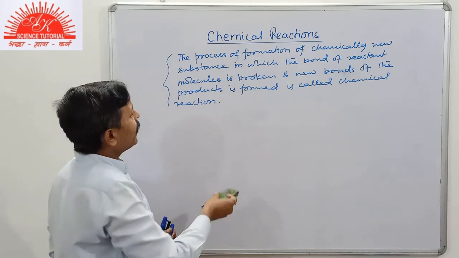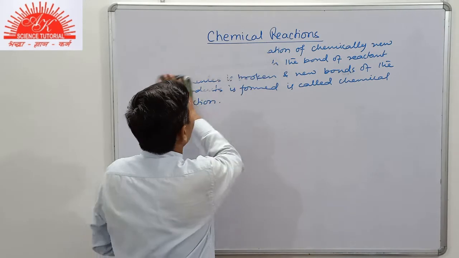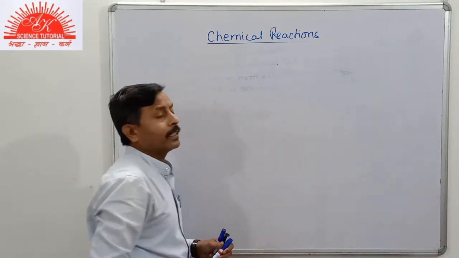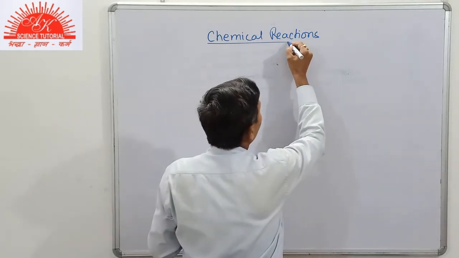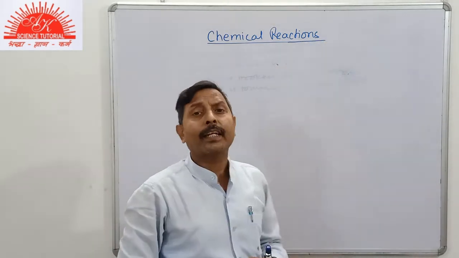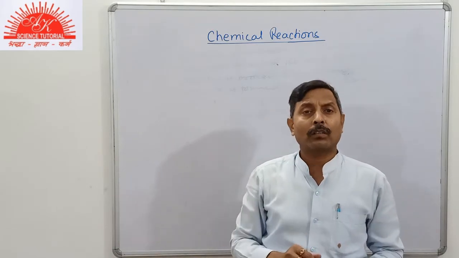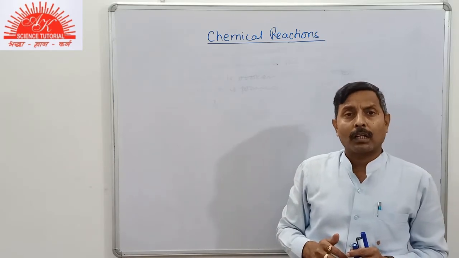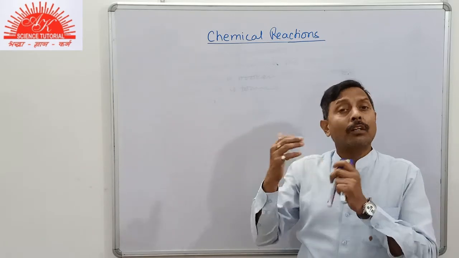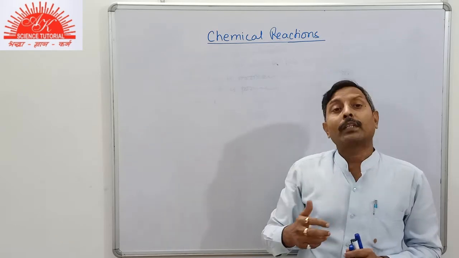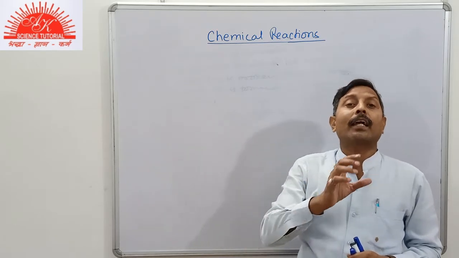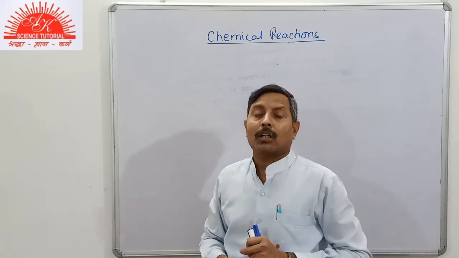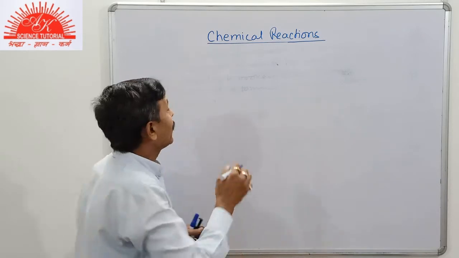Now, students, in chemical reactions, many changes take place. The question arises: how will we come to know whether a chemical reaction has taken place or not? So there are some observations on the basis of which we recognize that a chemical reaction has taken place. So what are the characteristics or observations of chemical reactions?